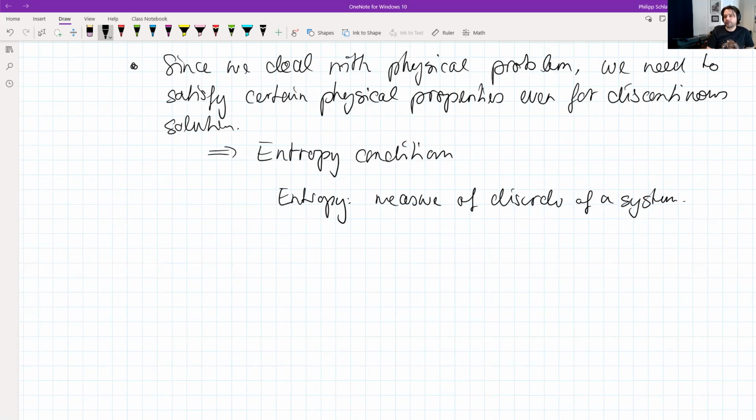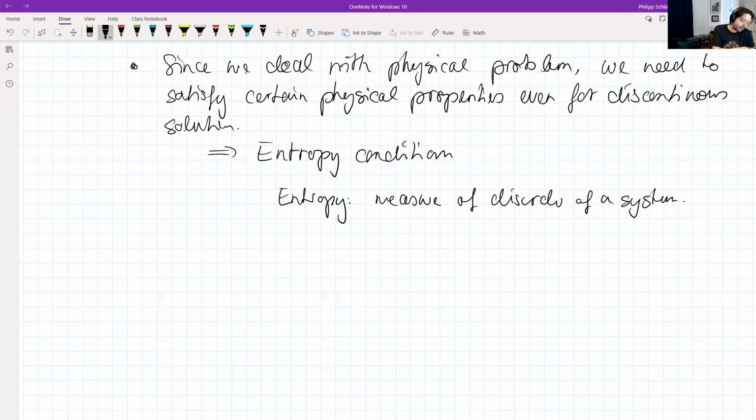It essentially comes from thermodynamics, the second law of thermodynamics, which means that you can only increase the disorder of the system. So that's the principle that we would like to invoke here.